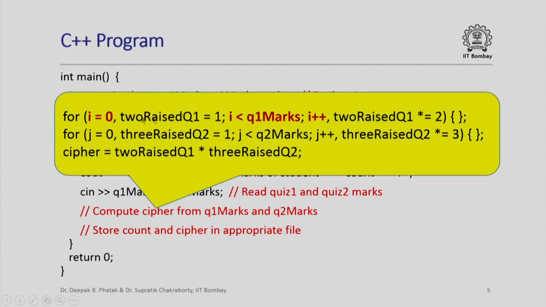So in fact the entire job is done within the 3 different parts of the for loop. The actual body of the for loop is completely empty. By a similar logic, this loop calculates 3 raised to q2, and then we multiply them together to get the cipher.